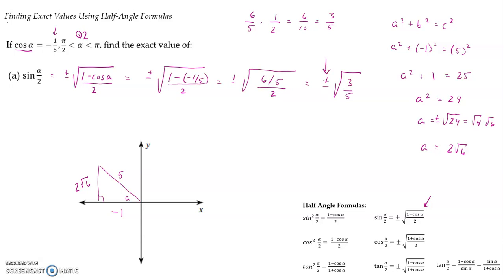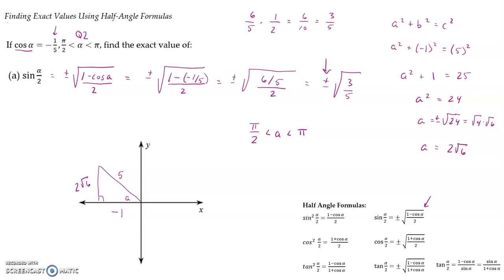And now we want to go ahead and deal with our plus-minus piece. Okay, and that's going to go back to information that we were given with regard to the quadrant that we were in. So keep in mind, our value for A is between pi over 2 and pi.